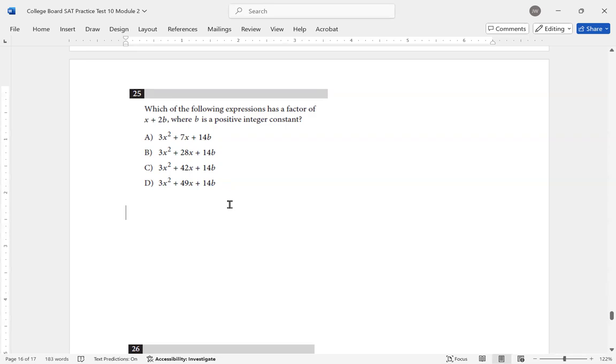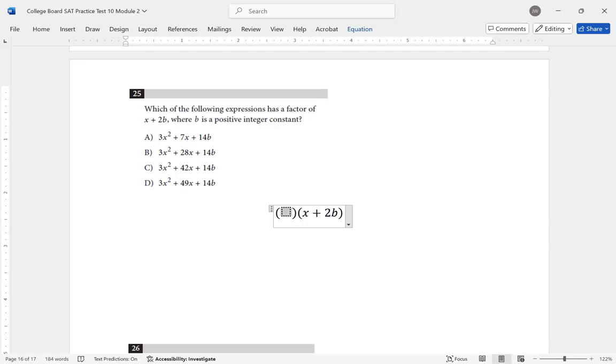In fact, I want us to notice that 3x squared is always the lead term. 14b is always the second term. So we're trying to factor because I want one of the factors to be x plus 2b.